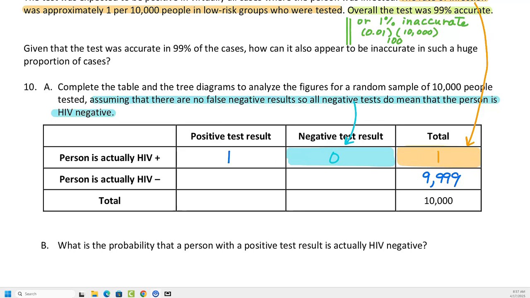Okay, and I did just say that these two cells are the 100. This is getting a negative result when you're actually positive, which we said was going to be 0. And then this cell is getting a positive result when you're actually negative. So all of this 100 here is going to go in this location. Does that make sense?